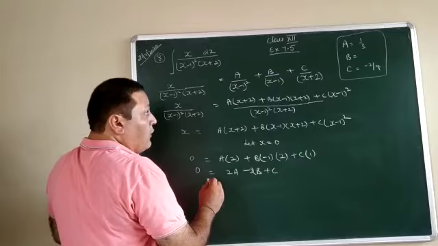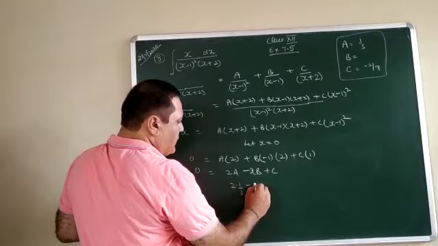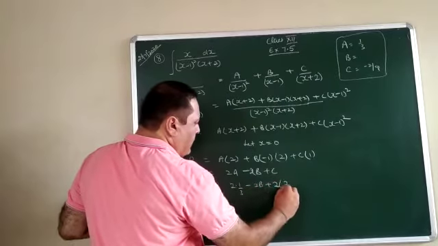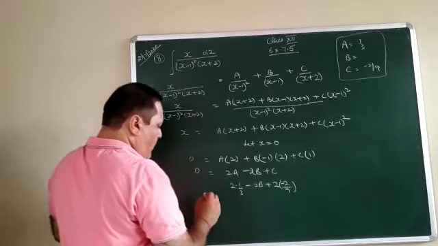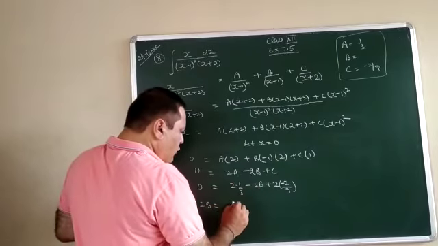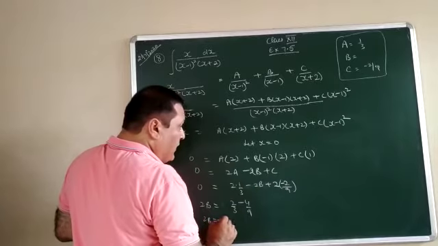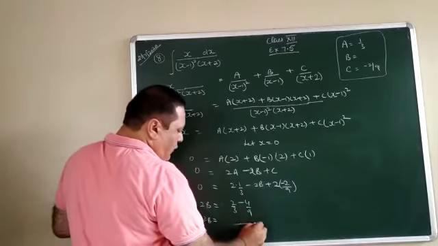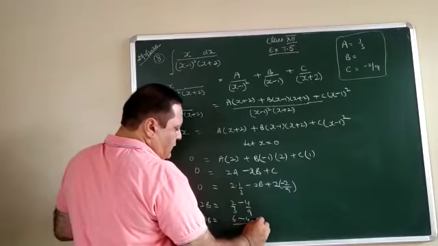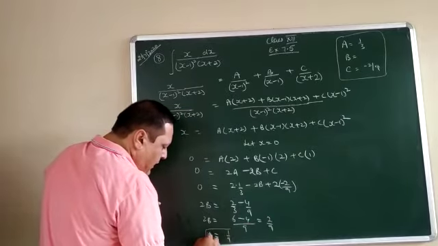Now substitute the value of a: 2 into 1 by 3, minus 2b, which is unknown, plus c, which is minus 2 by 9. So from here, equal to 0, 2b is equal to 2 by 3 minus 2 by 9. Taking the LCM 9, 3 threes are 9, 3 twos are 6, minus 2, that is 4 by 9. So b is equal to 2 by 9.